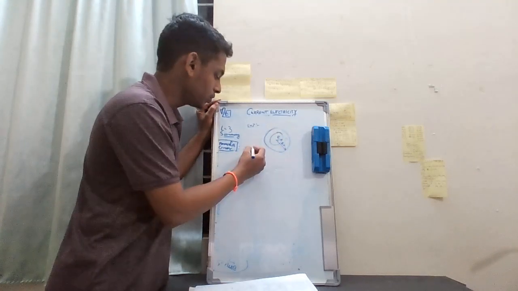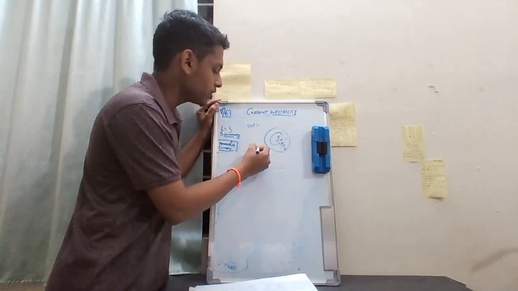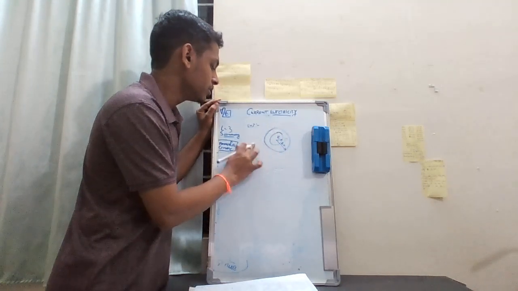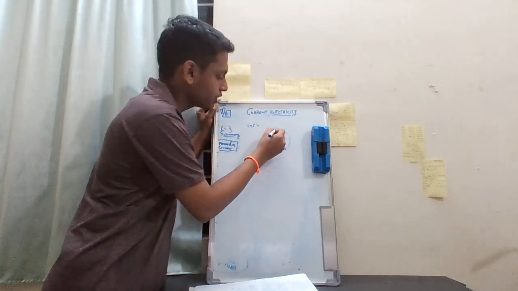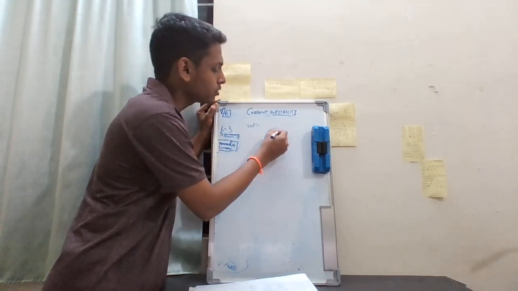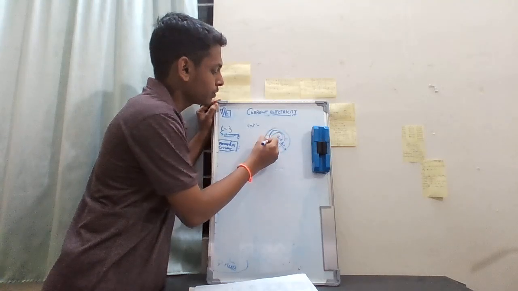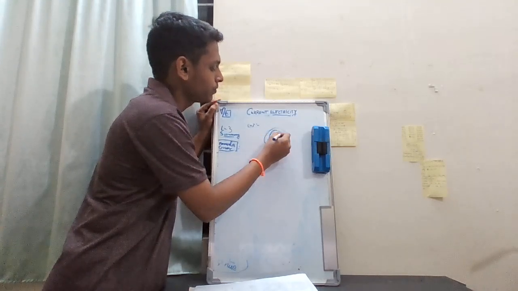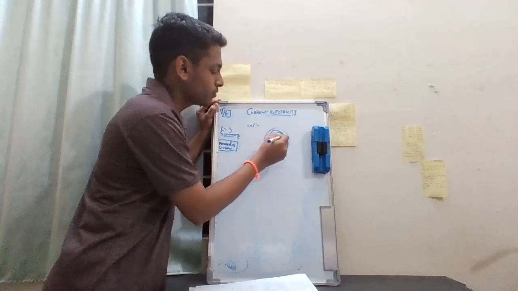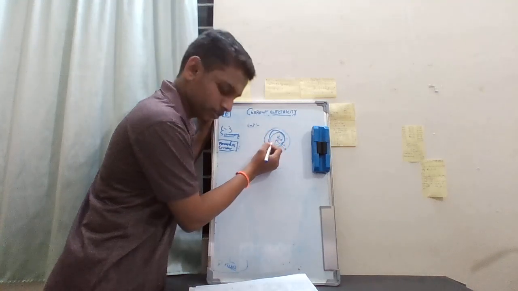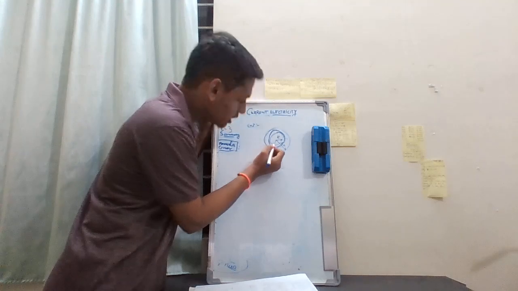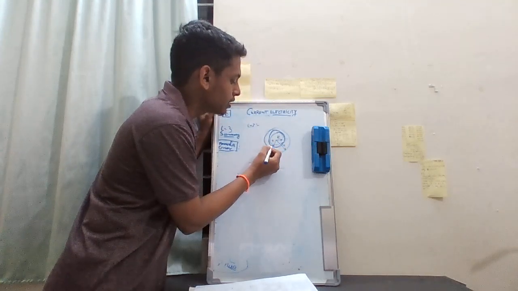So R is basically found by integrating all these areas. Consider one such part which is x distance away, and its thickness is dx.